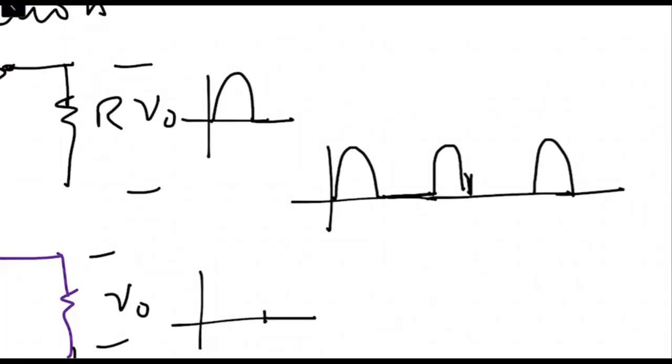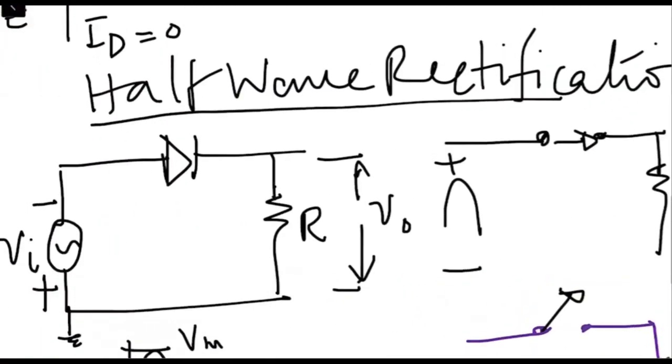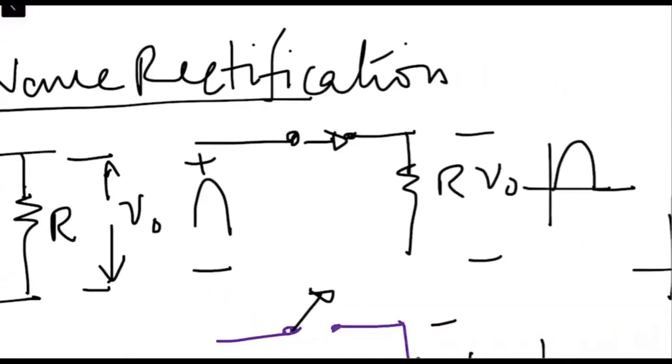Such behavior of the diode providing this kind of output is called rectification. And as the rectification is being done in only one of the cycles, this kind of rectification is called half wave rectification, right? Okay?